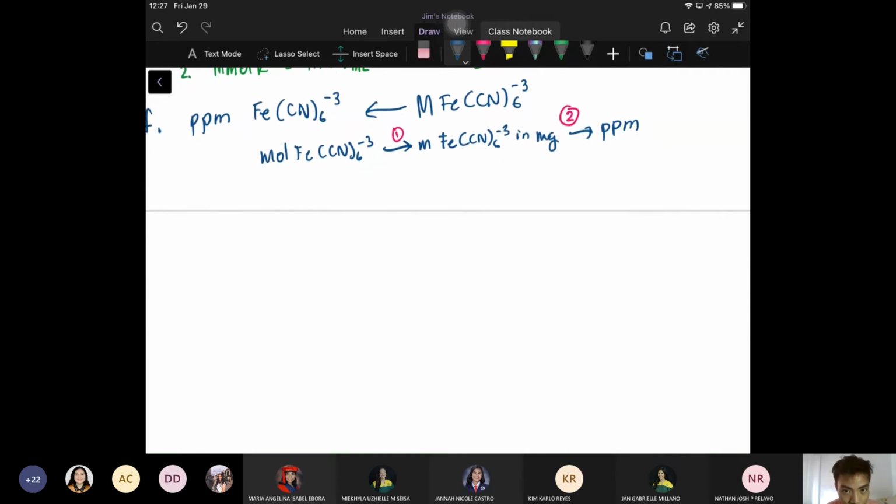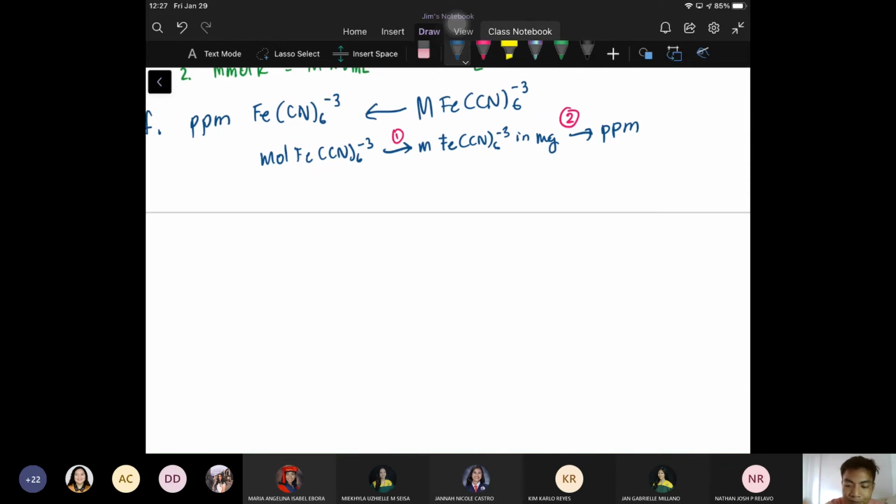Again, ganito yung gagawin nyo always ha. Sulat nyo yung equations, yung mga concentration unit, pakisulat sila completely. Then, from the contents of the equation, tignan mo kung possible yung conversion nila. Okay? So, let us solve for the mass of FeCN6 negative 3 in the solution.